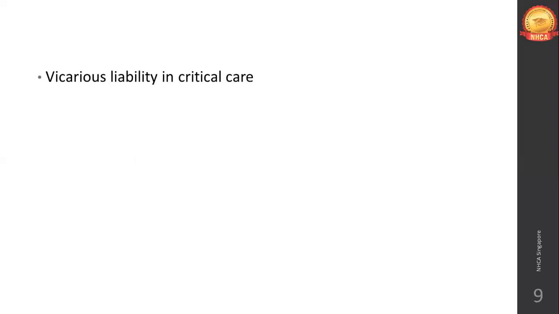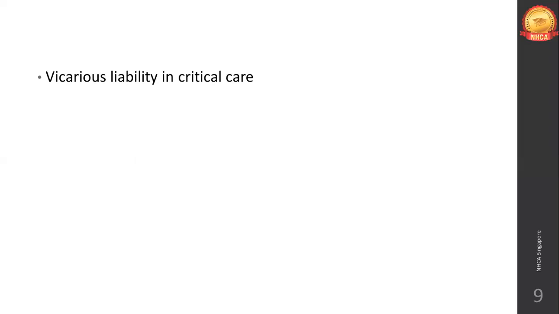Then vicarious liability in critical care. As a doctor or an intensivist, you should be aware of how well skilled or well equipped the fellow doctors, juniors or resident doctors are in taking over the case. If the intensivist is not present, whom are you leaving your patients with?